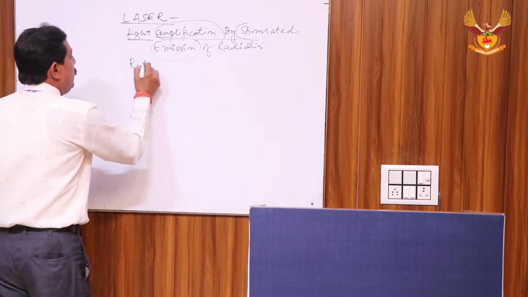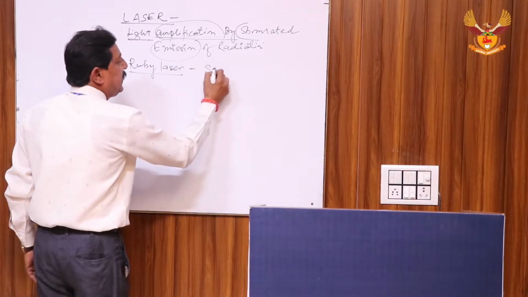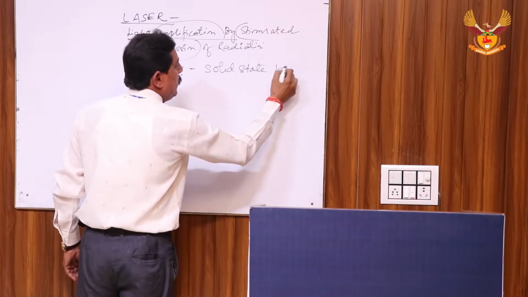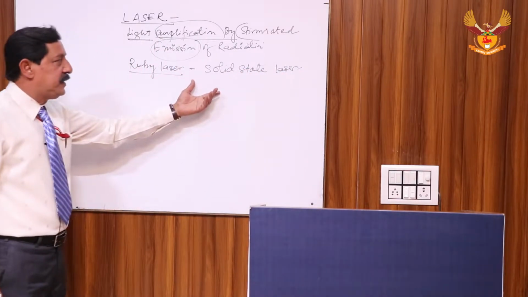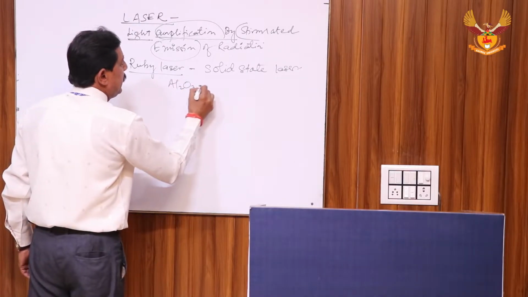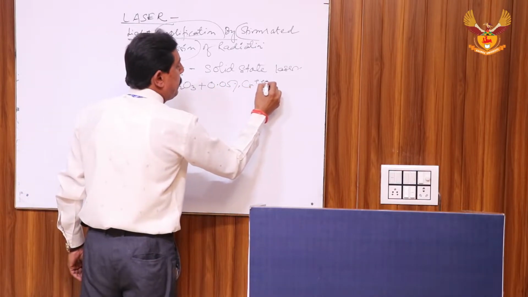Now we focus on the Ruby laser. Ruby laser is a solid state laser, consisting of aluminium oxide and 0.05% of chromium ion.